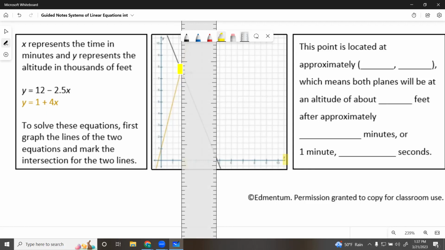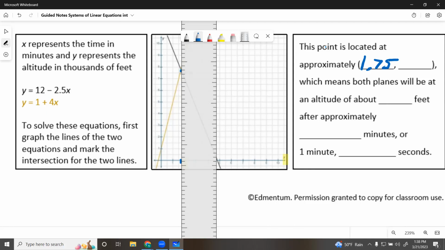Or, excuse me, I misspoke: 1 and 3/4, which is also written as 1.75. So 1.75 minutes. Right here, these lines both cross right there.